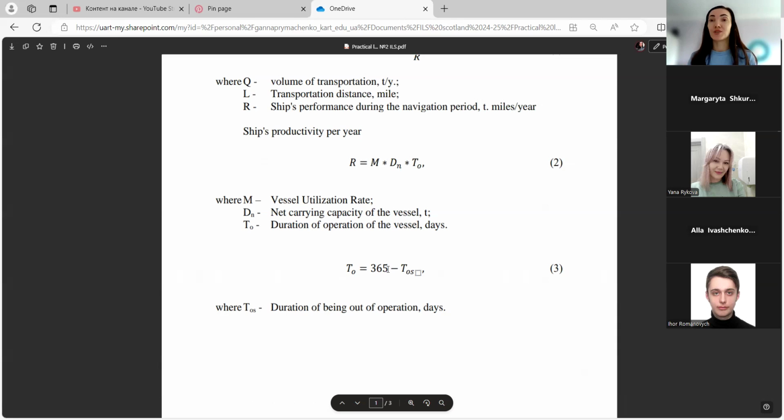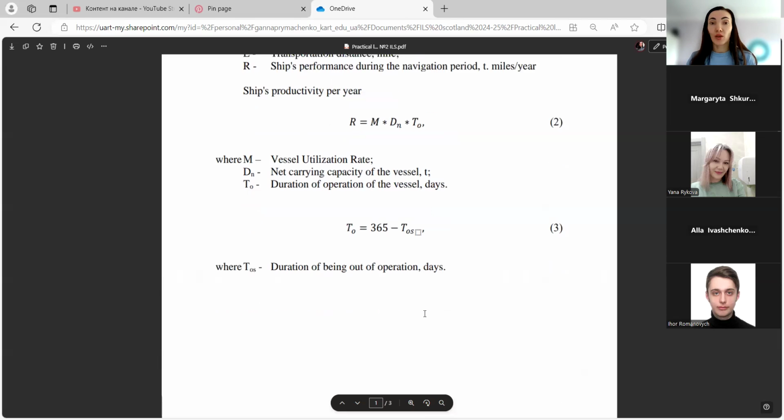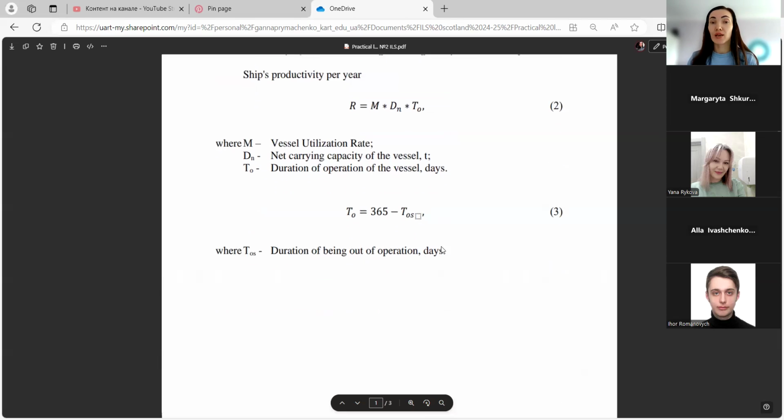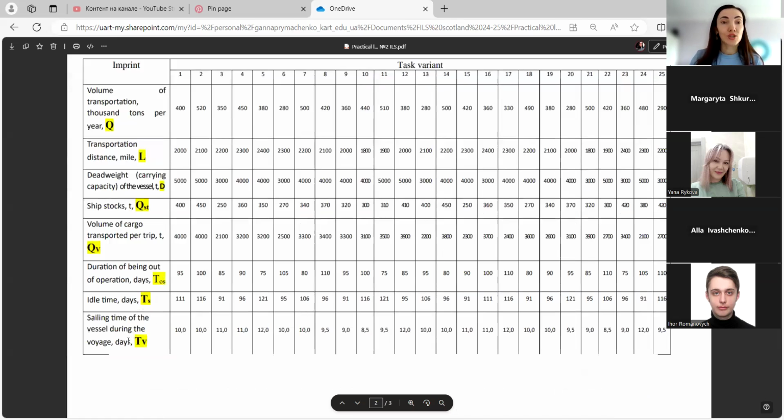We have this information and now minus or subtracted, and use such a parameter as T with index OS. What does it mean? It is the duration of being out of operation, in days also. So we can find it in our tables, T with index OS. It is the third parameter in the near part of our tables.